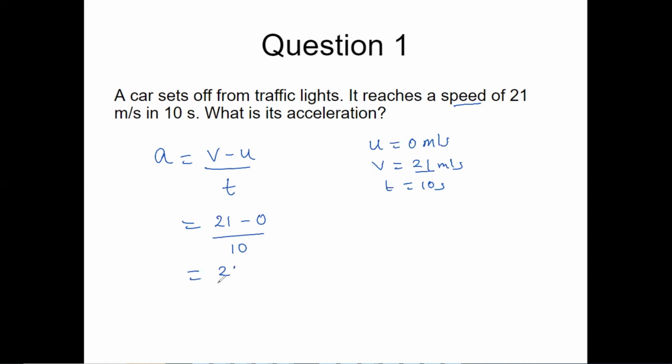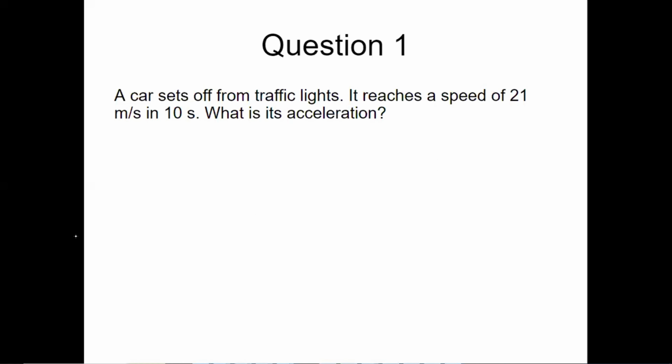This will give me 21 over 10, and that is 2.1 meters per second squared. So that is how we work that out. There's another example next, so we move to the next.